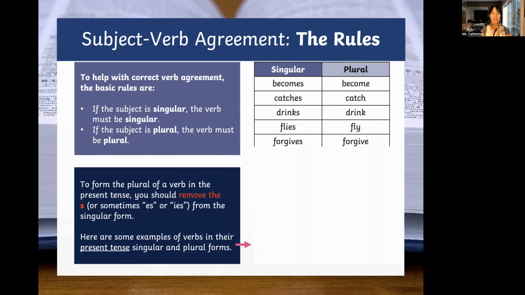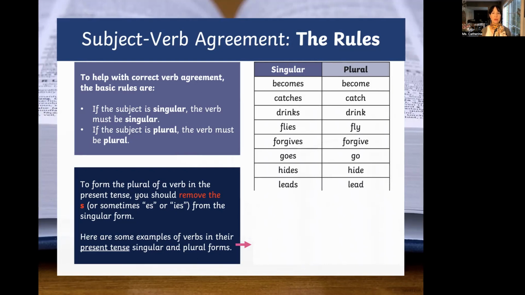So let's repeat. To form the plural of a verb in the present tense, you should remove the S or the ES or IES, okay? Goes becomes go. Hides becomes hide. Now you're getting it. Leads becomes lead. Rides becomes, that's right, ride. Seeks becomes seek.